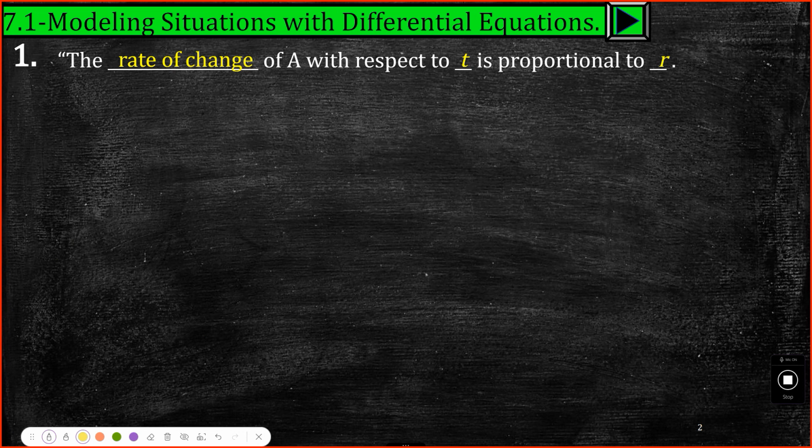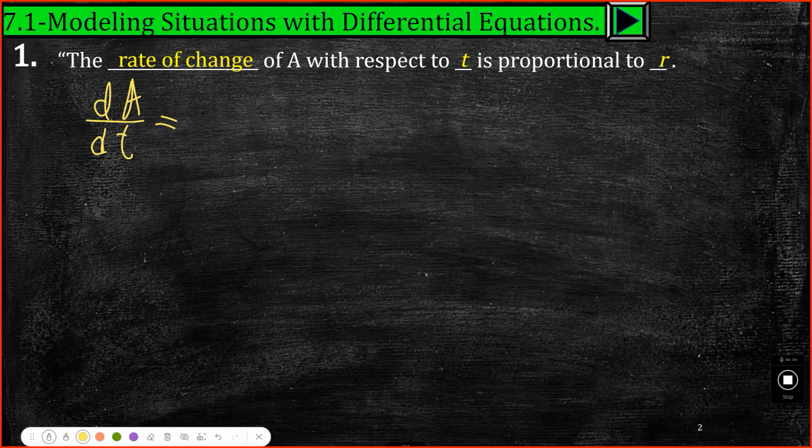So how do you write down this situation that's saying the rate of change of A? We're using, I think this is called Leibniz notation, not f prime, but dA/dt.